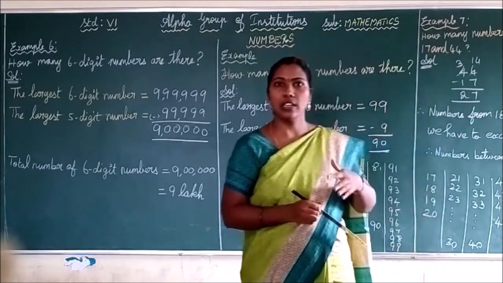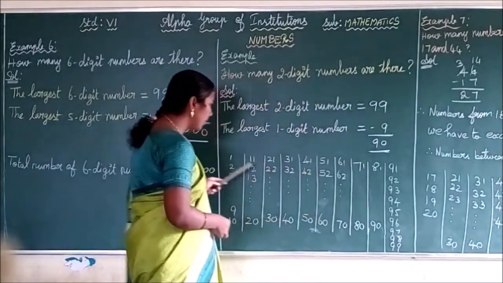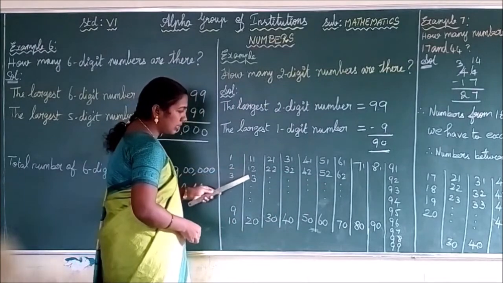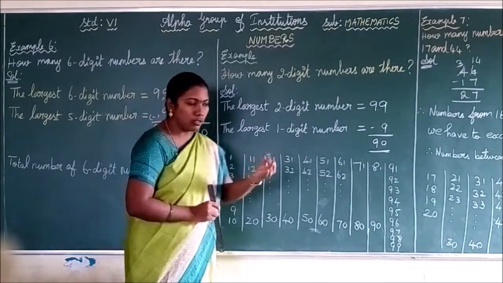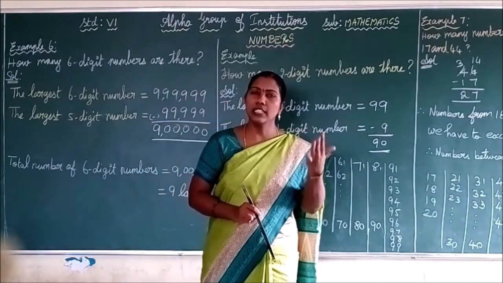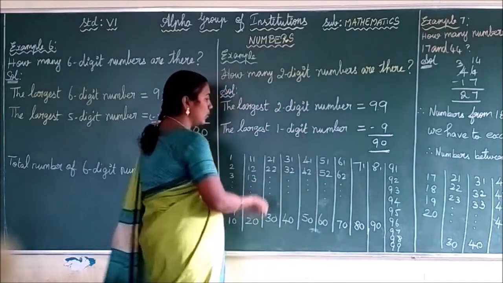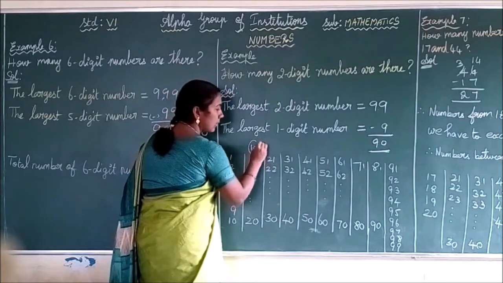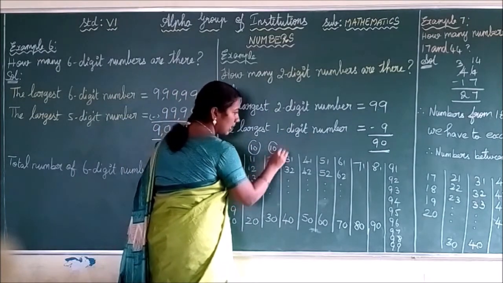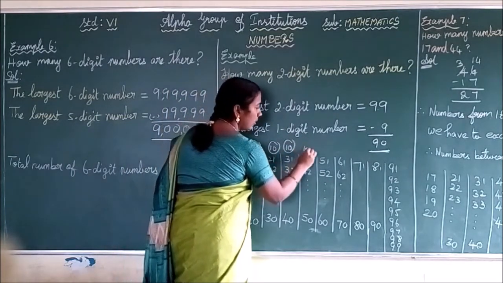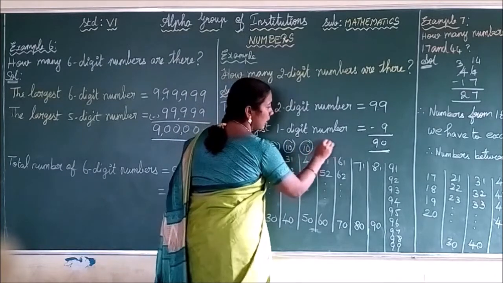Let us check this practically, children. See here: 11, 12, 13, 14, 15, 16, 17, 18, 19, 20. How many numbers? 10 numbers. Here 10 numbers, here 10 numbers, here 10 numbers.